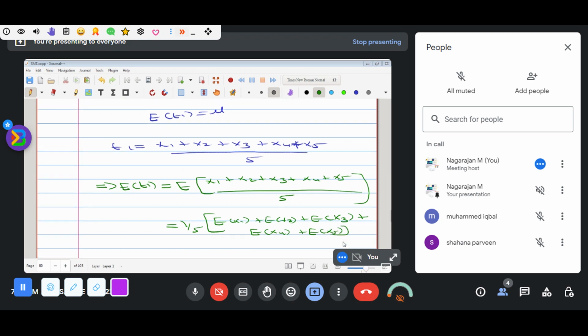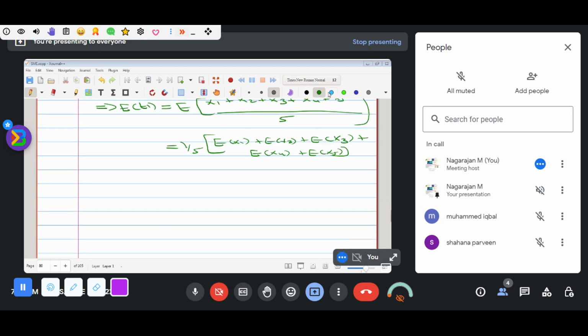Separately, all values are mu, because it is a normal population. Now simplify: 1 by 5 times mu plus mu plus mu plus mu plus mu, five times, so 5 mu. The 5 cancels, therefore E of T1 equals mu only.